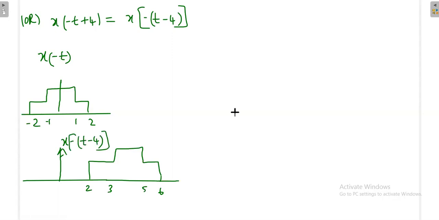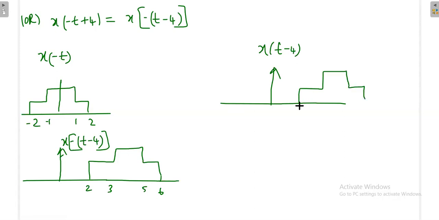Now, first I will do, instead of x of minus t, I will find x of t minus 4. What is t minus 4 here? Your original diagram will be shifted by 4 units, so it will go like this: 2, 3, 5, 6. Then I will apply the minus 1, the time reversal.